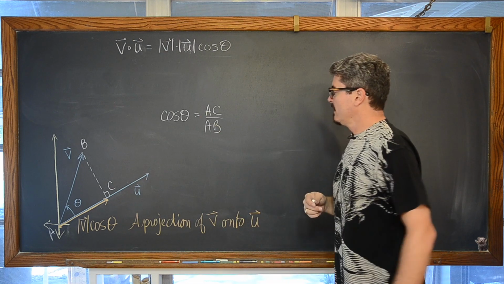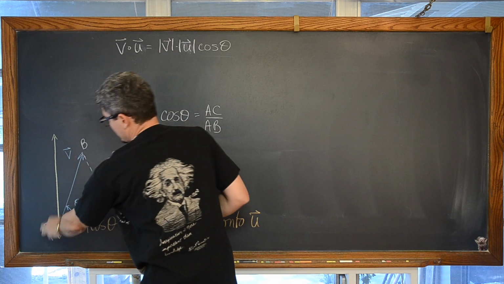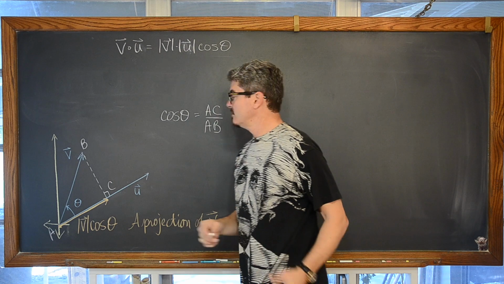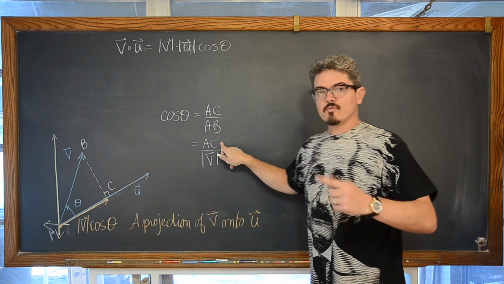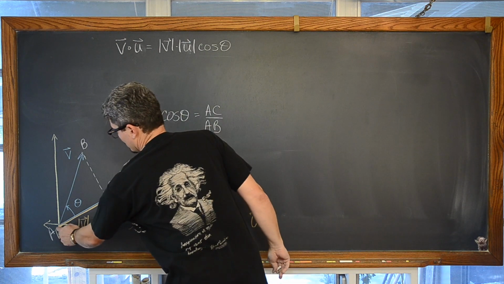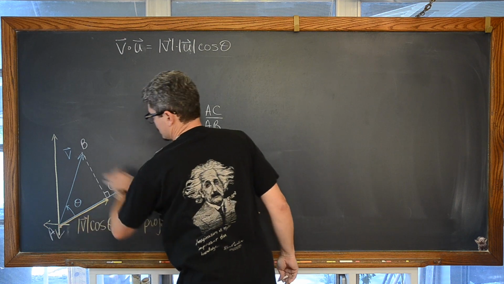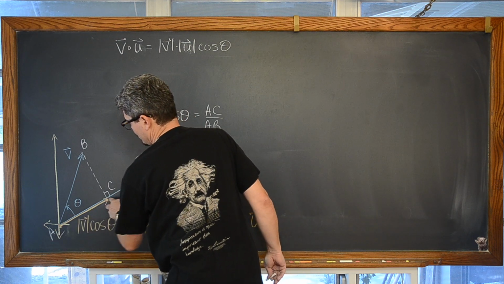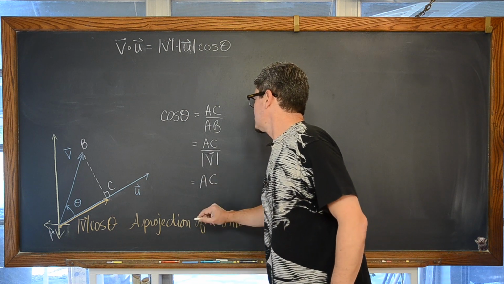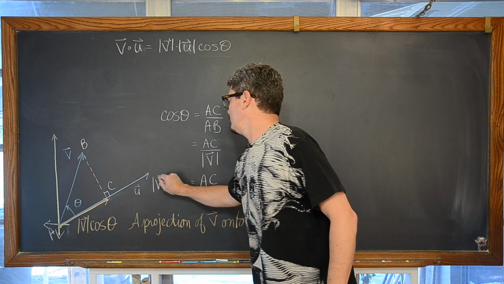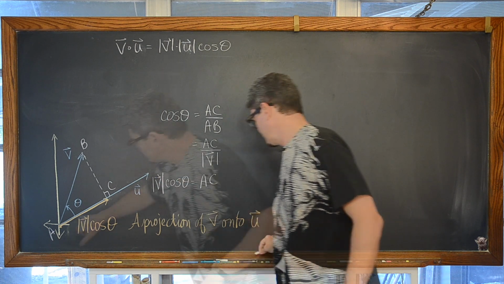The length of segment AB is the magnitude of vector v, as I have it labeled. Solving this for AC, the length between the common initial point these two vectors share and this terminal point C, AC is equal to the magnitude of vector v times the cosine of theta.